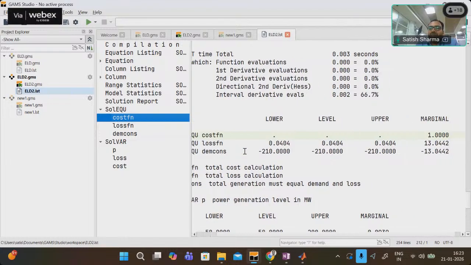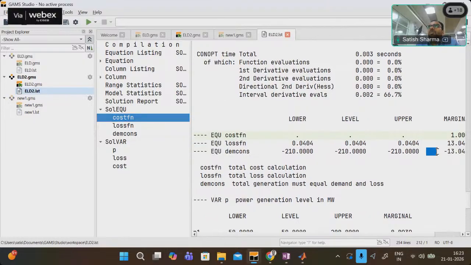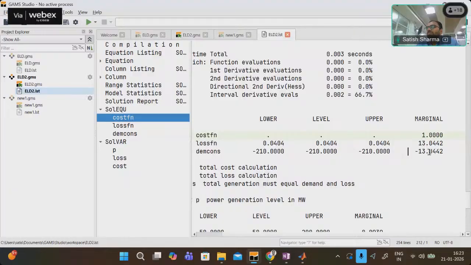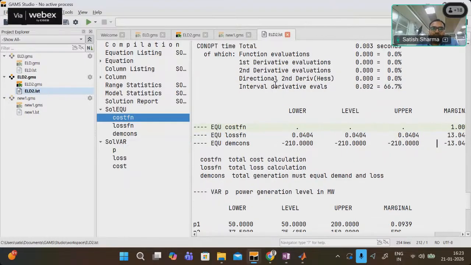In the power balance equation this marginal value is coming. So this marginal value is basically the lambda. This is the dual variable, and the lambda value is 13.0442 for this particular problem.